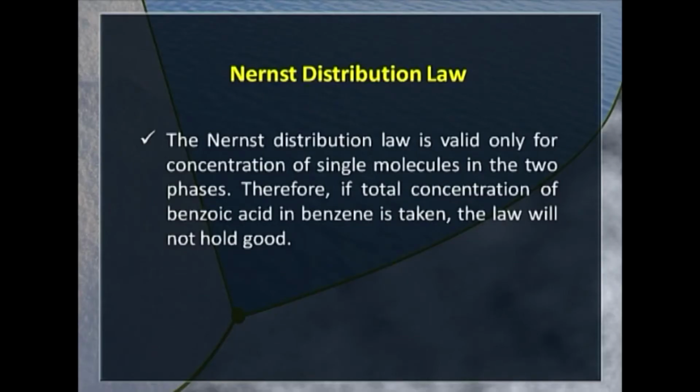But if we consider the concentration of only the monomers, we get a constant ratio. That means we have to consider the concentration of single molecules. The Nernst distribution law is valid only for concentration of single molecules. We have to stress that means in the two phases. Therefore, if the total concentration of benzoic acid in benzene is taken, the law will not hold good.